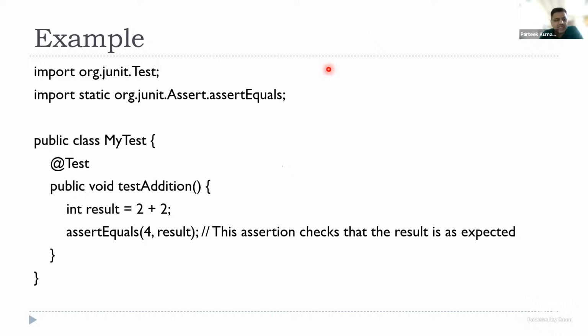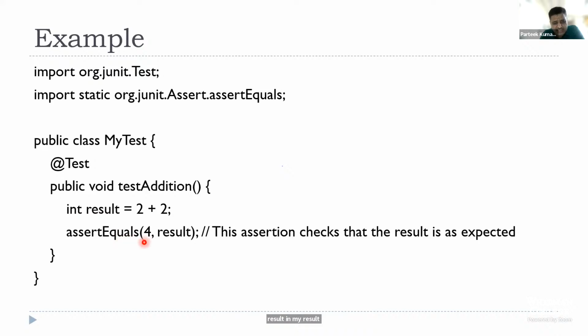Here you see that I have a simple test class, and I'm using the @Test annotation to test my code. This is the code which I have, which simply performs addition of two numbers, and I am storing the result in result. Here I'm using the function assertEquals.